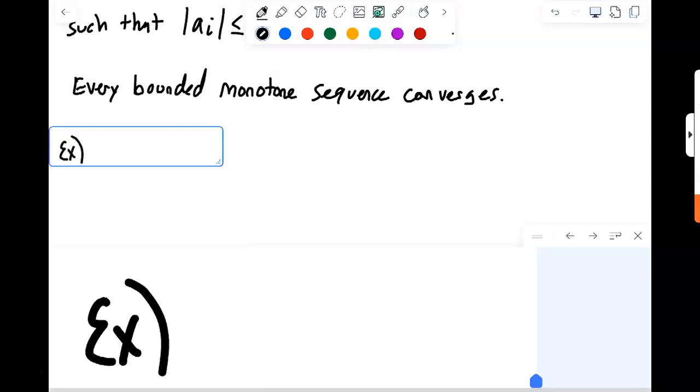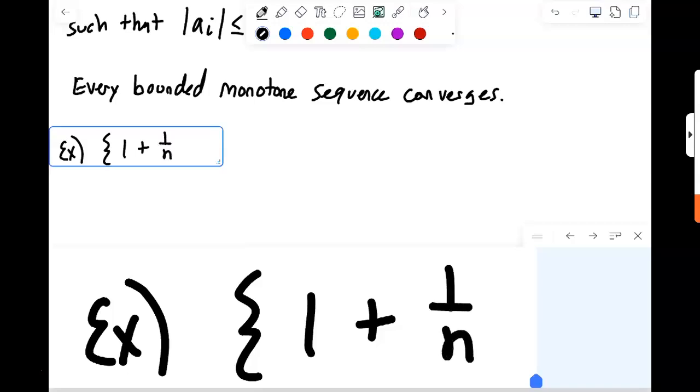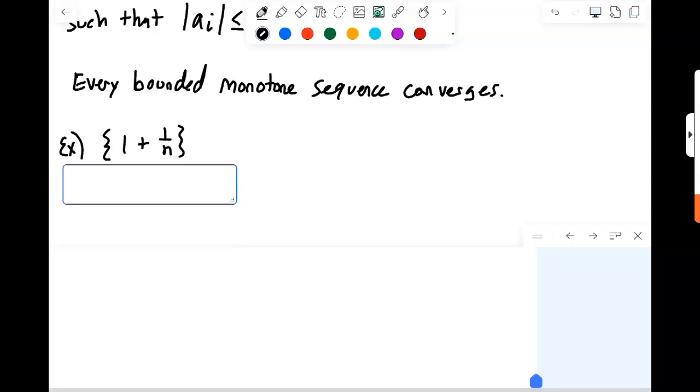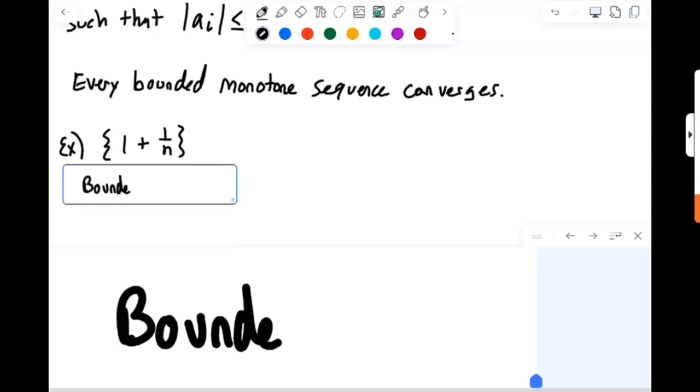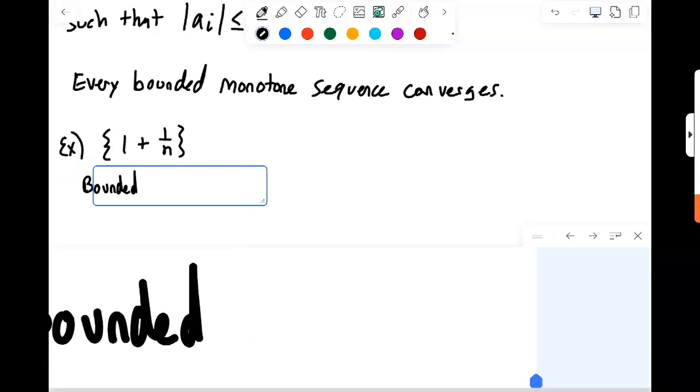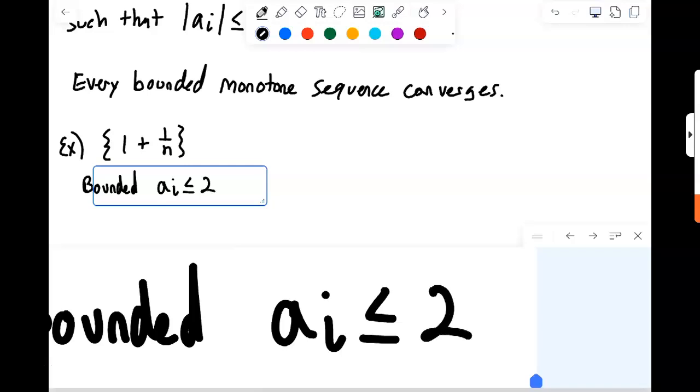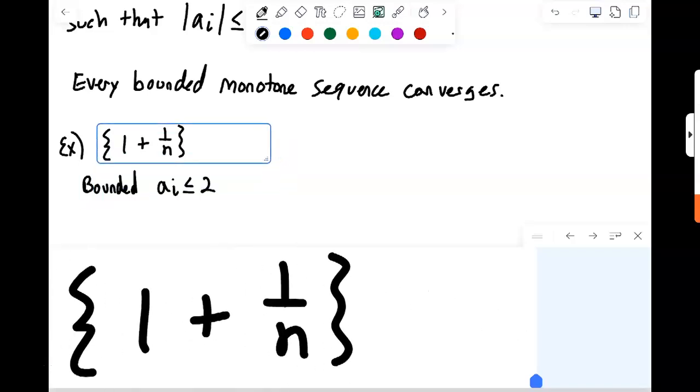So let's consider the sequence 1 plus 1 over n. First of all, this thing is bounded, because a sub n, every term in that sequence, is never going to be any bigger than 2.